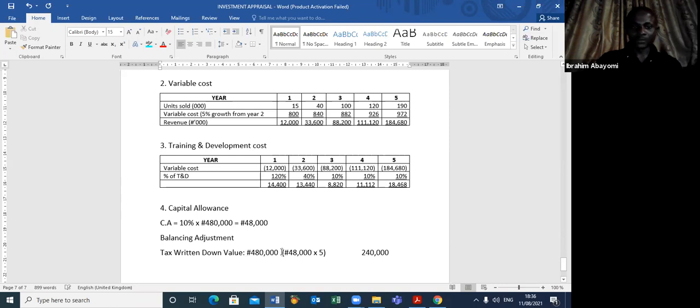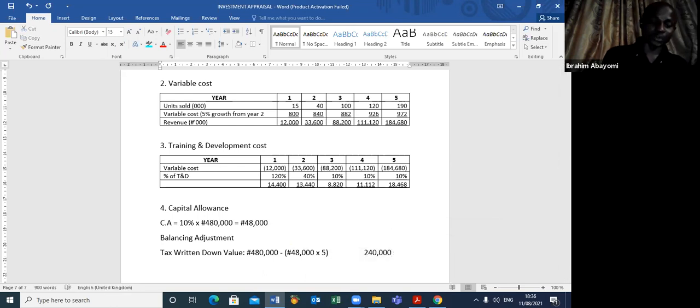The balance will be 240 million here. I believe you understand that concept. 48,000 times 5 will give us 240,000. That is the total capital allowance we have charged. Then take it from the cost of the asset, which is 480,000. We have 240,000 tax written down value.